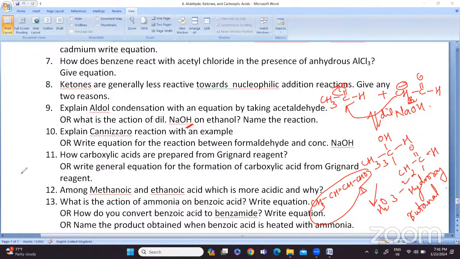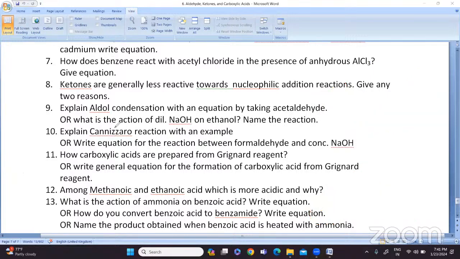Here the question is asked in another way also. What is the action of dilute NaOH on ethanal? Ethanal is nothing but your acetaldehyde. They have asked for the name of the reaction, and the equation if you write.